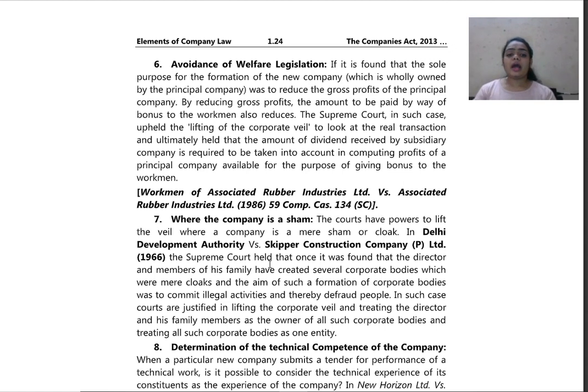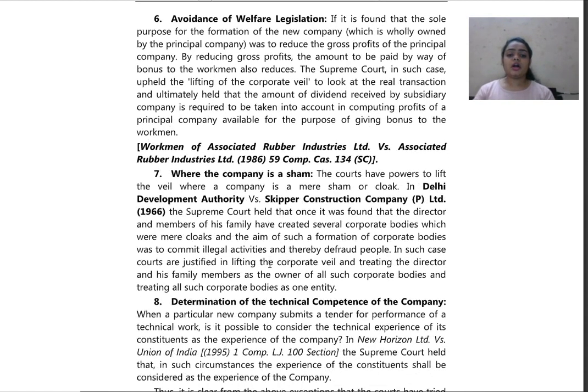Then next we have the case where the company is a sham.